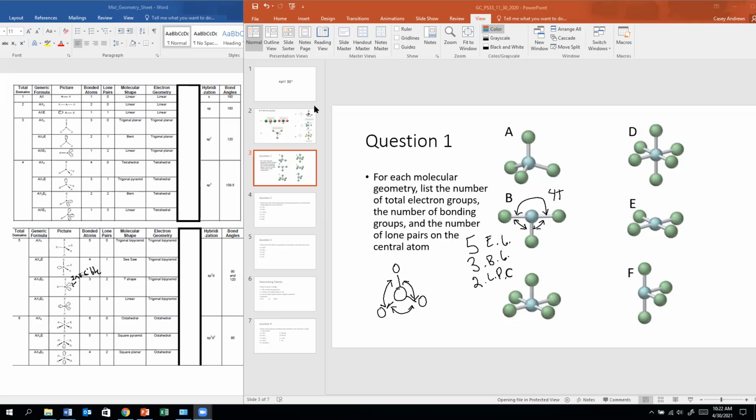On the chart, what are the dotted lines to X mean? So dotted lines, those of you who will take organic chemistry will probably learn about this, but those are telling you directions. So let me take AX4 for an example.